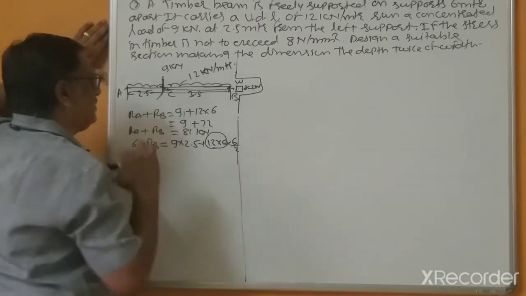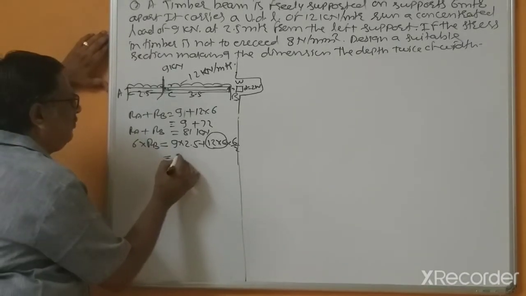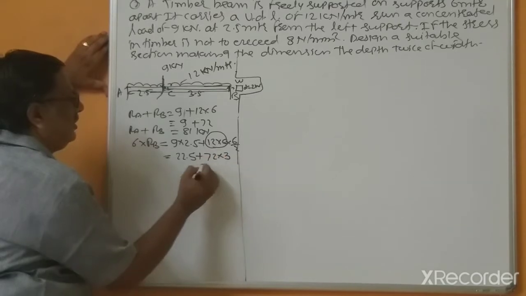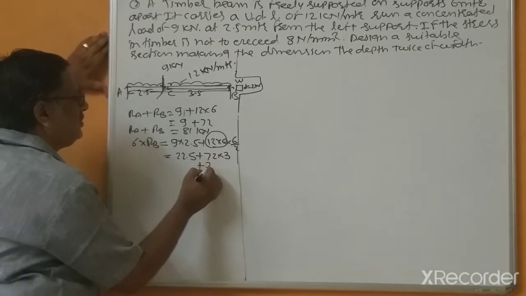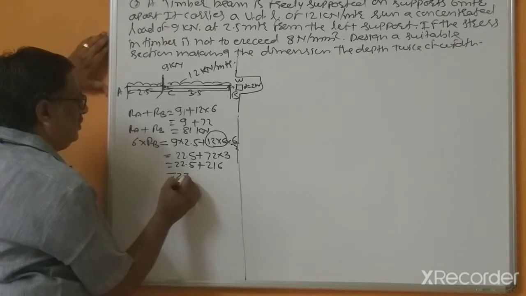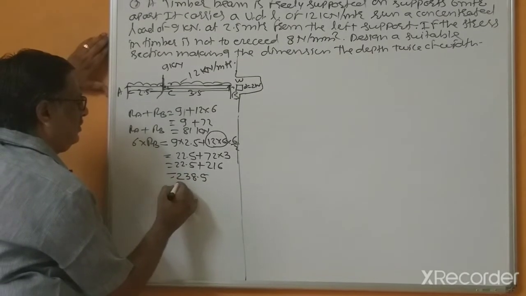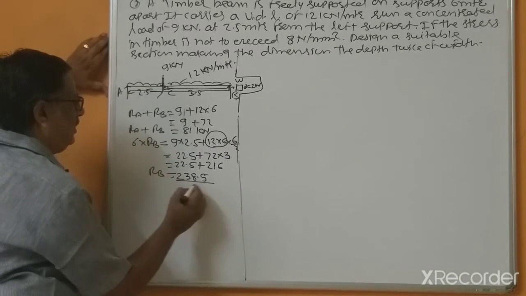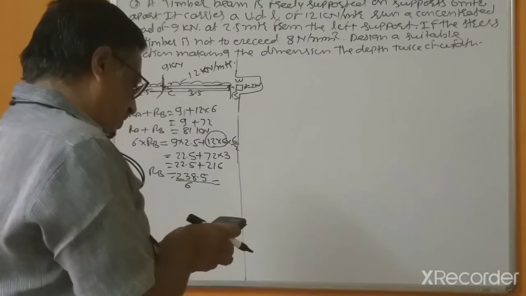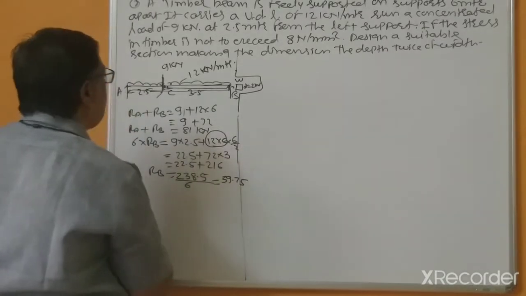So 9 into 2.5 is 22.5, plus 12 into 6, 72, multiplied by 3, 216. 22.5 plus 216 is 238.5. RB equal to 238.5 divided by 6, 39.75. So this is RB.